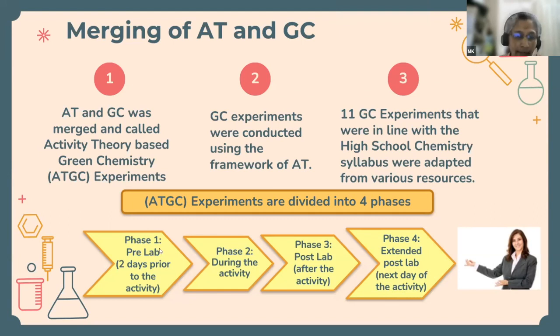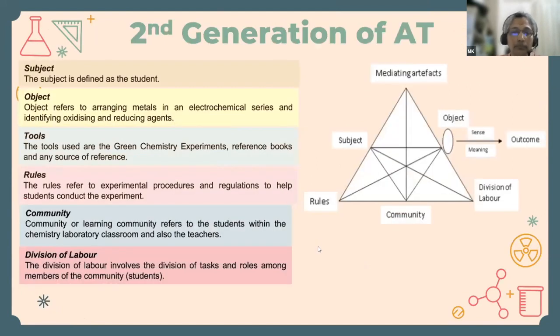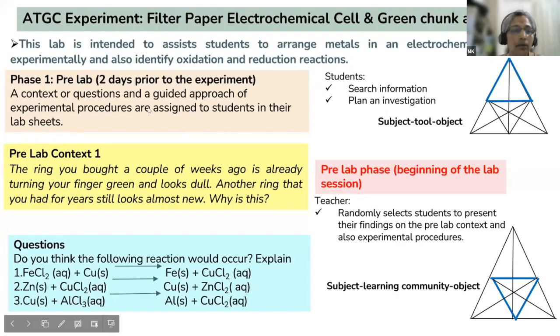So what happened in phase 1, which is the pre-lab? Okay, so I will show you the experiment on developing an electrochemical series, how the students developed an electrochemical series using a simple experiment.